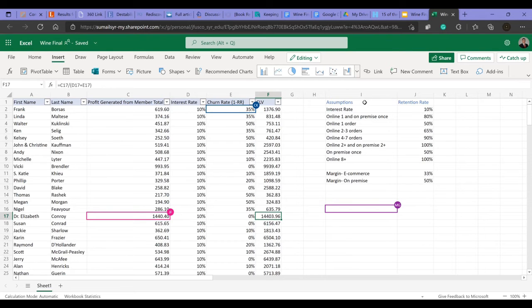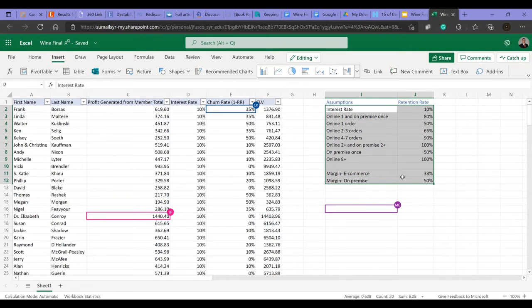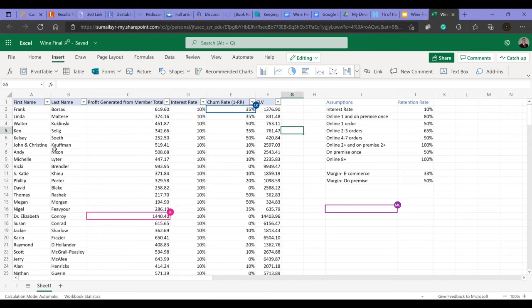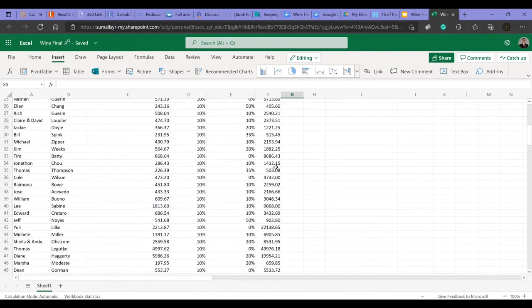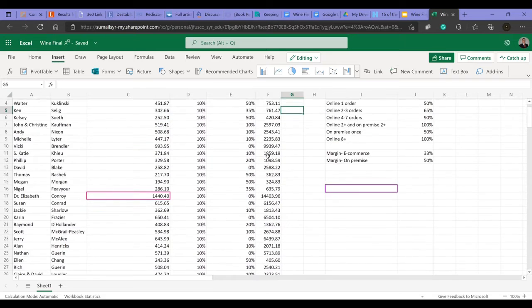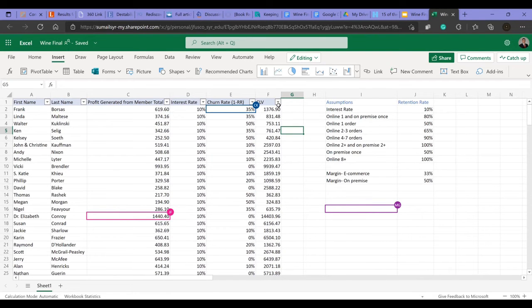This right here lists out all of our assumptions, our retention rates and our margins, just to make things a little easier to see visually. And this lists all the people, and you can see each person's customer lifetime value, and you can sort this from largest to smallest or smallest to largest. In our marketing plan, which Meg will talk about in the future, we try to target the customers who spend more money and the more profit generating customers.